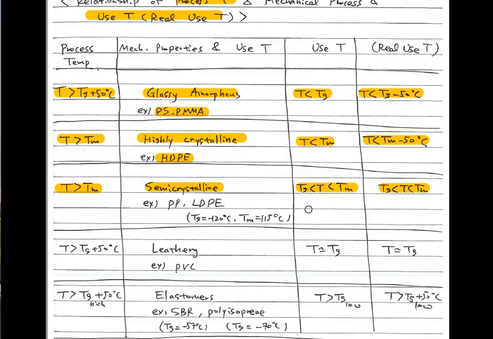For leathery polymer, such as PVC, we process it about 50 degrees higher than Tg, and we use it near Tg, because near Tg the polymers are in a leathery state. For example, if you want to use it for an auto seat, like leather, then the Tg of those leathers is near room temperature. Elastomers have similar process temperatures, and we use them higher than Tg because elastomers are in the rubbery plateau region.